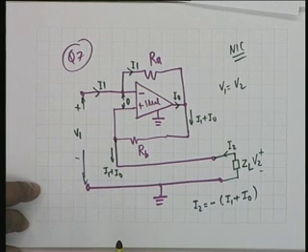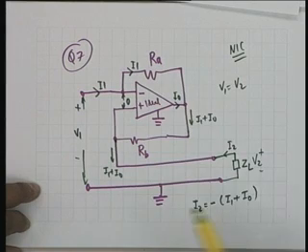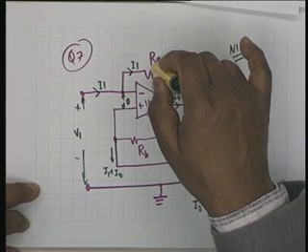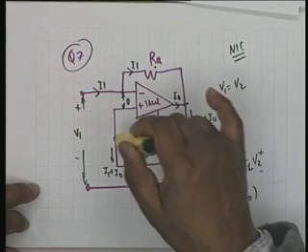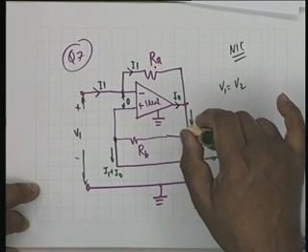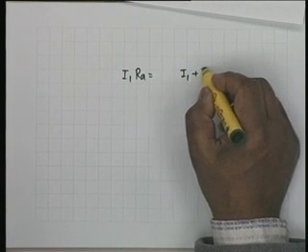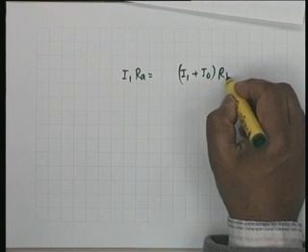And the other thing that is obvious is that this drop across RA should be the same as the drop across RB, which means that I1 RA should be equal to (I1 plus I0) into RB. Is this correct?